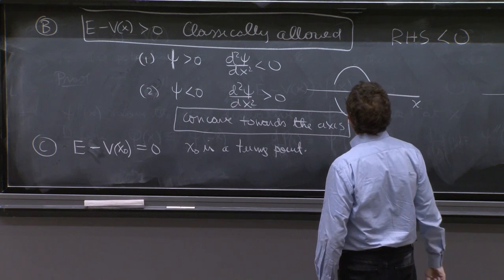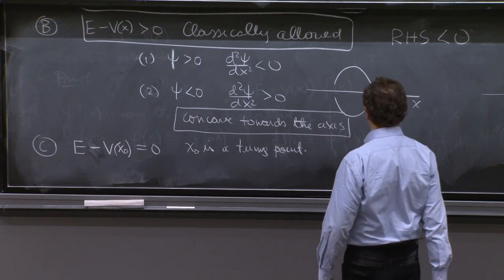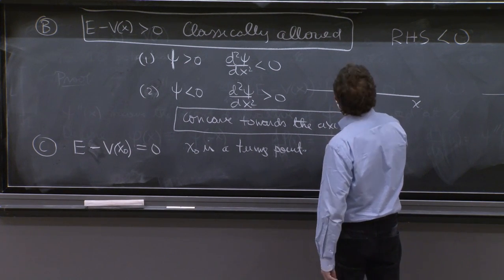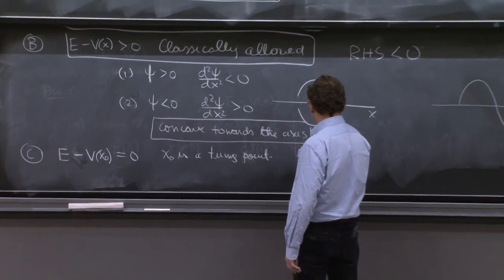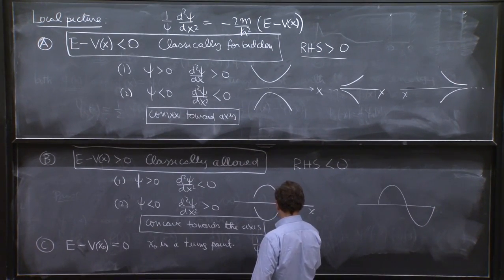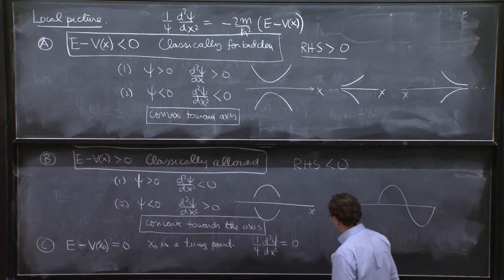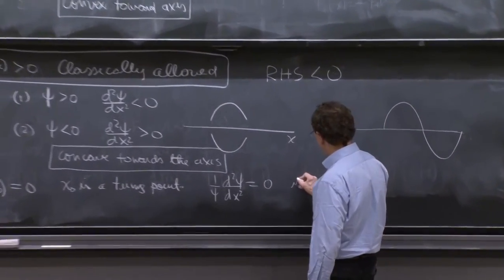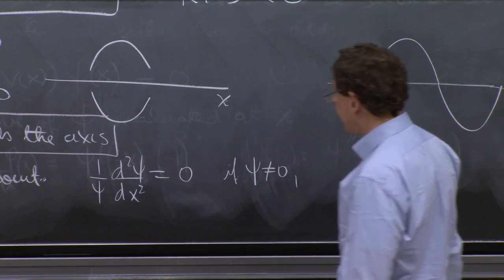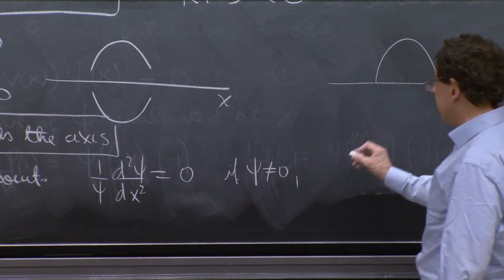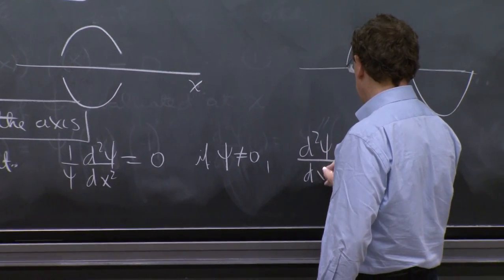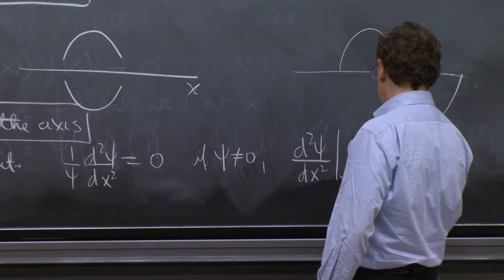And something else happens. If the right-hand side is 0, we have that 1 over psi, the second derivative of psi with respect to x squared, is equal to 0. And if psi is different from 0, then you have that the second derivative must be 0 at x naught.